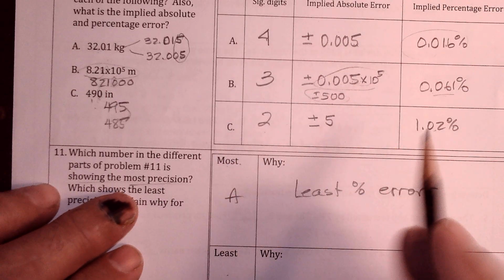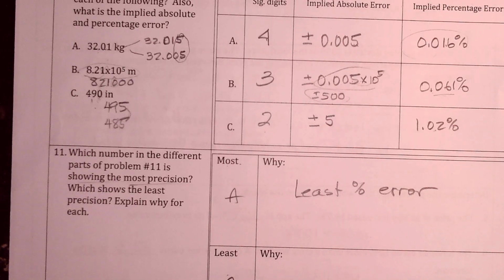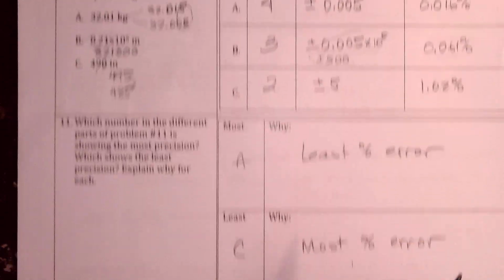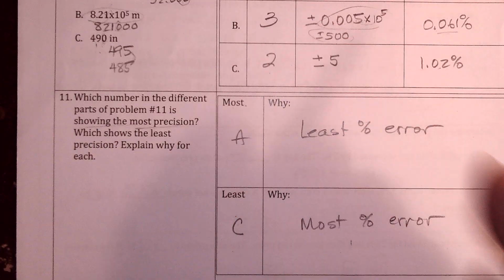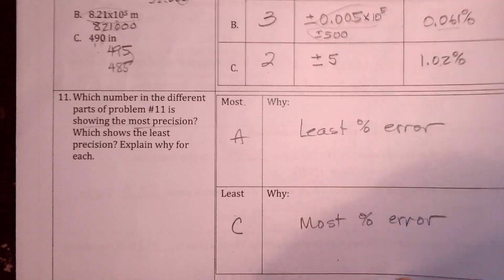That's the one with the most error. That's C, with the most percentage error. So you've got to be able to do the tables correctly to be able to answer these correctly.